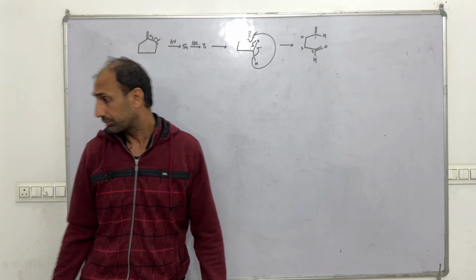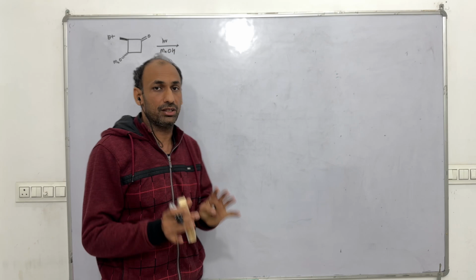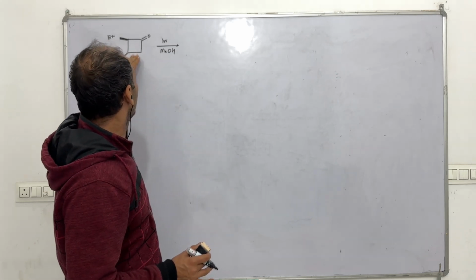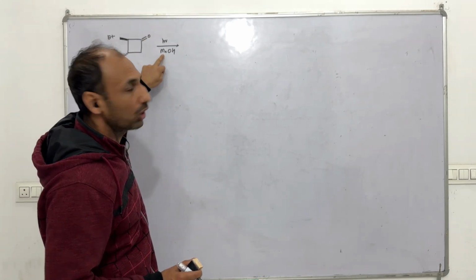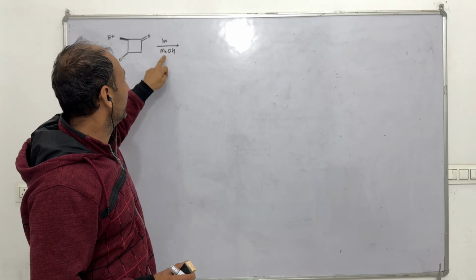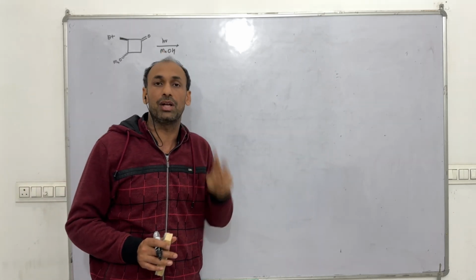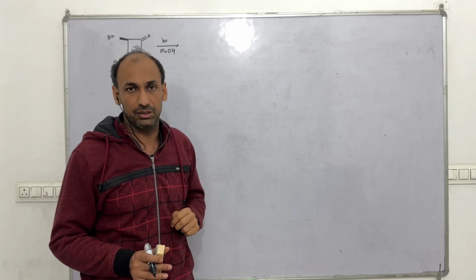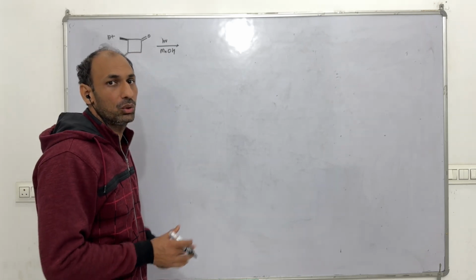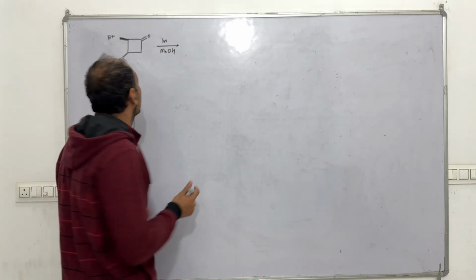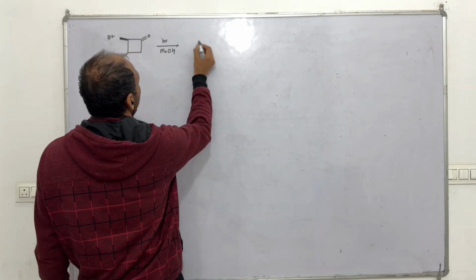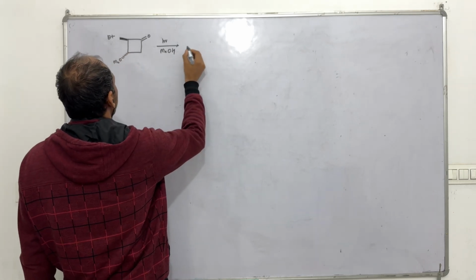Okay, you need to remember whenever it is given to you that you have a reaction in methanol, a very different type of reaction will be observed. I have two such examples, okay, where methanol is added to the system. Initially, what will happen?